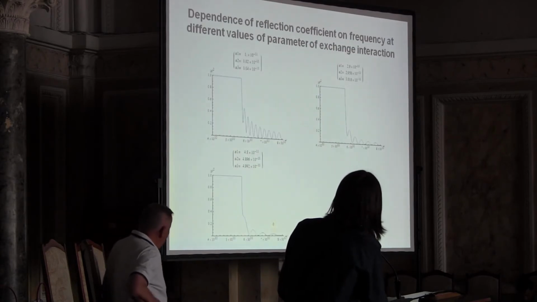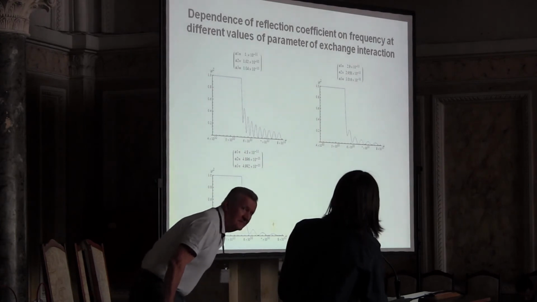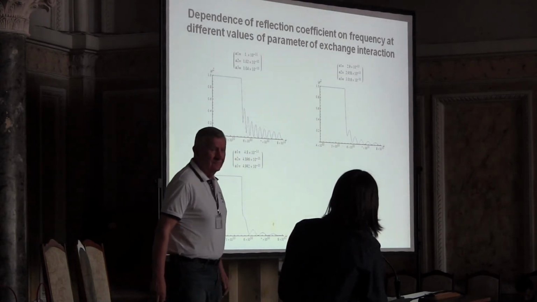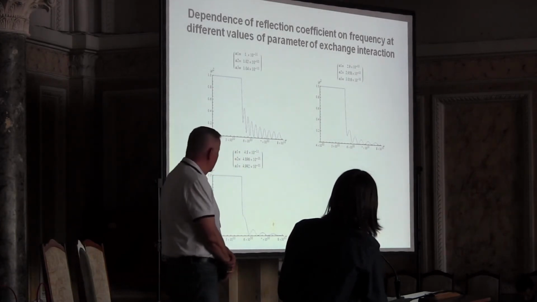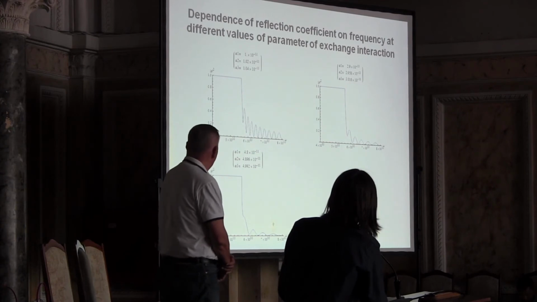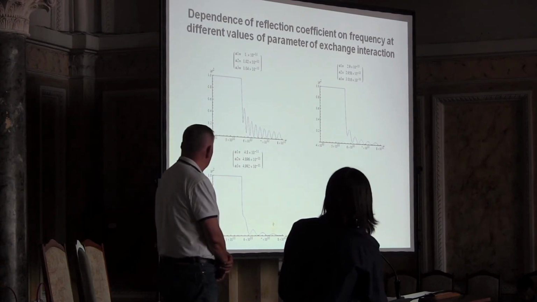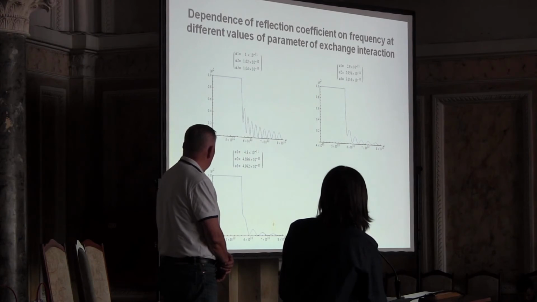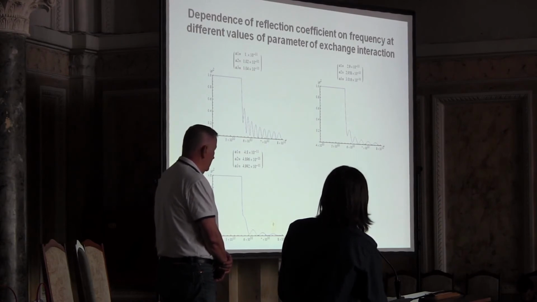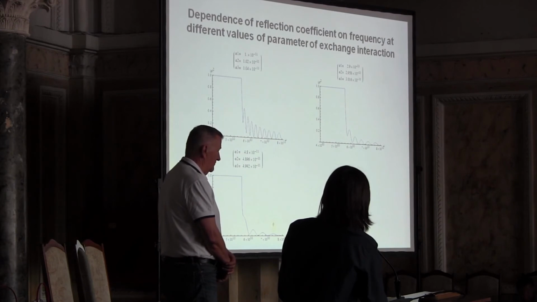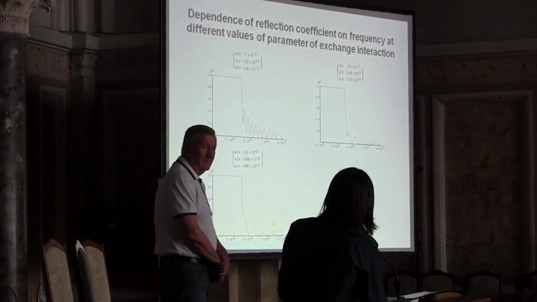The next is the dependence of the reflection coefficient on frequency at different values of parameters of exchange interaction. Here you can see the same pictures with interference peaks and points where you can get full reflection of spin waves from the spin lens.